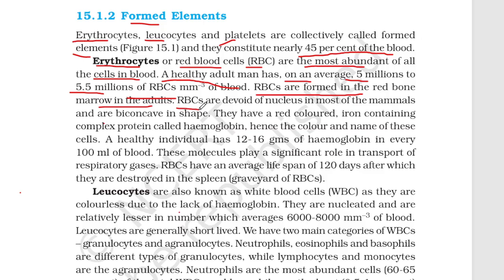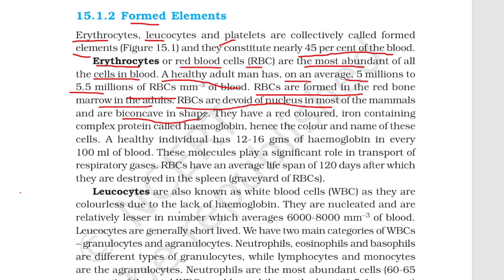Now RBCs are devoid of a nucleus in most mammals and are biconcave in shape. When we say RBCs are devoid of a nucleus, it means that red blood cells don't have a nucleus in them. Now in most mammals, then why not all mammals? Because some mammals have a nucleus present in the RBC.